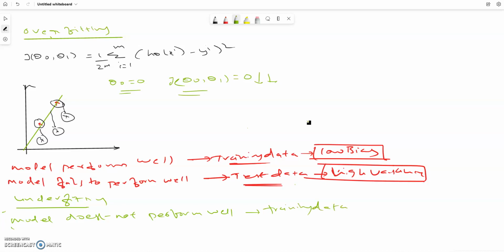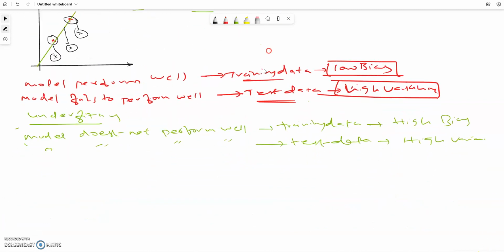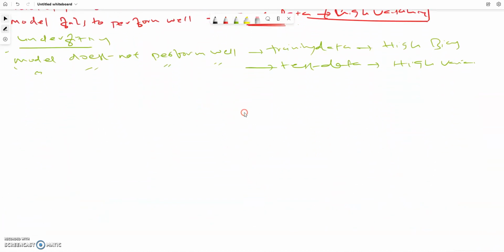That means it is having high bias. Also this model does not perform well with test data. That means it is having high variance. High bias and high variance, right? So these are both the overfitting and underfitting problems.